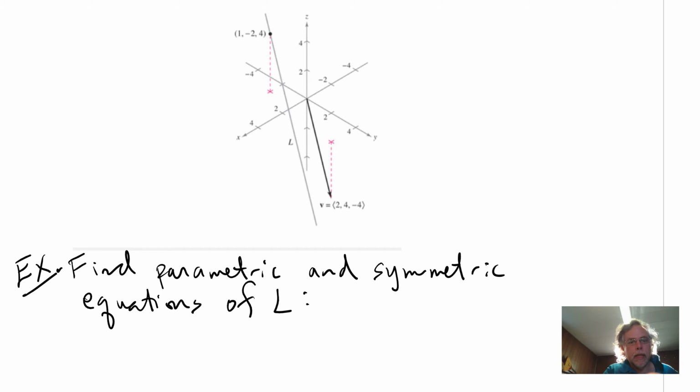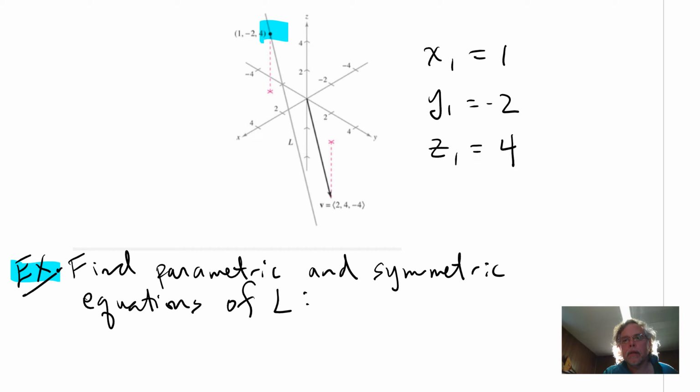Now in this example, let's get down to the nitty-gritty of getting an equation of a line, with some numbers. In this diagram, we have a point, (1, -2, 4). The x1, y1, and z1 are the coordinates of that point. And then we have a vector v, (2, 4, -4).